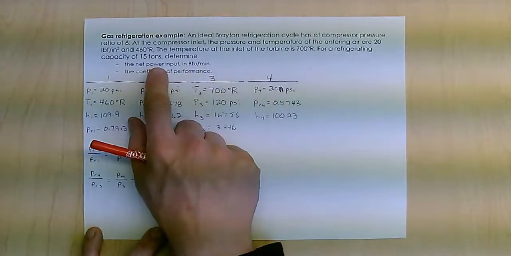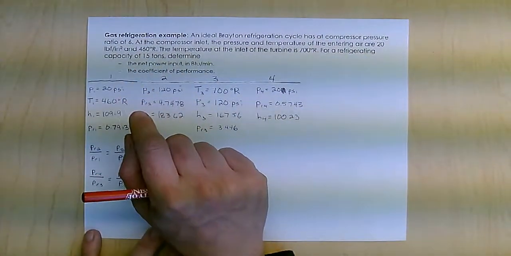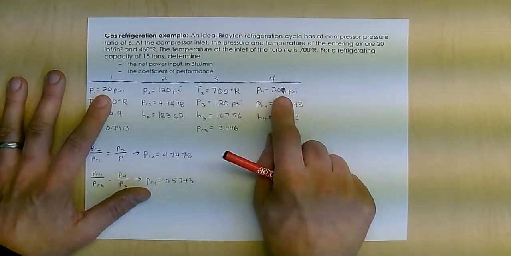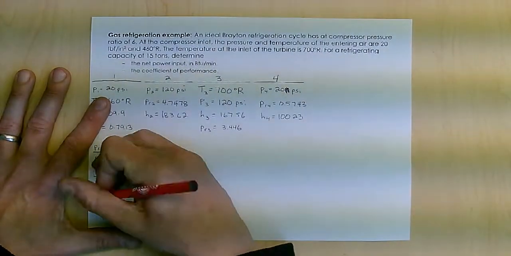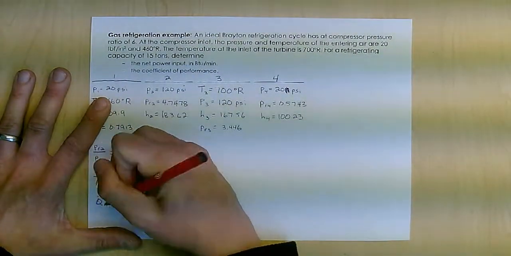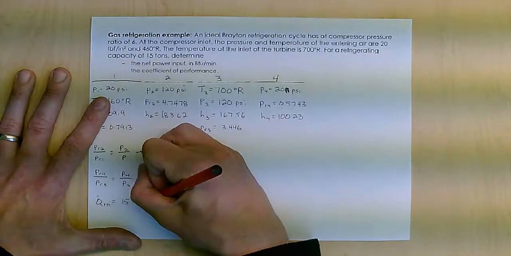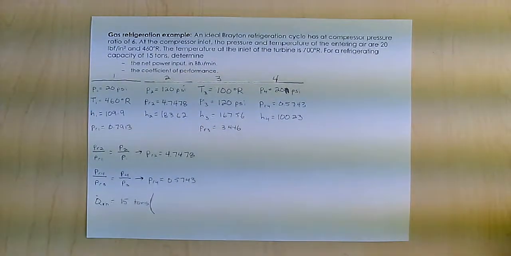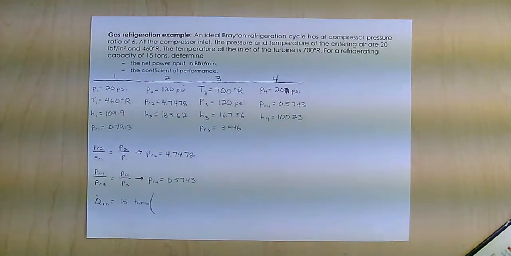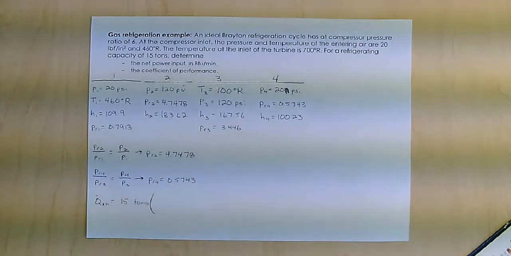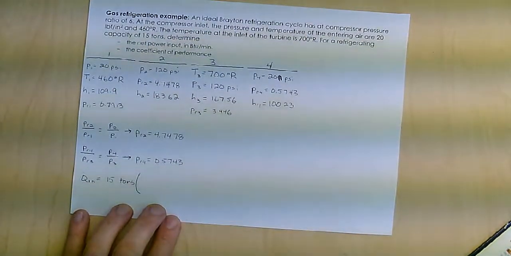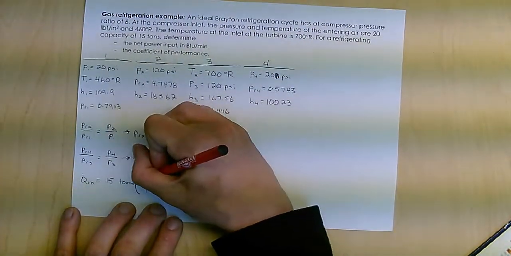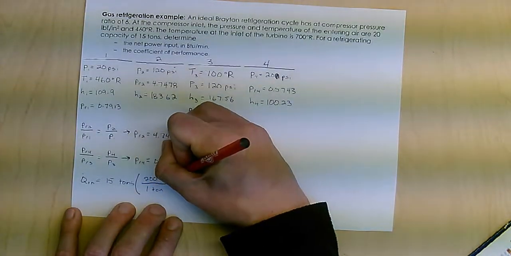Okay, now, of course, I want to find the total power. So I need to find my mass flow. Again, I know state 4 to 1. That's Q in. That's my refrigeration capacity. That equals 15 tons. Remember that 1 ton equals 200 BTUs per minute.